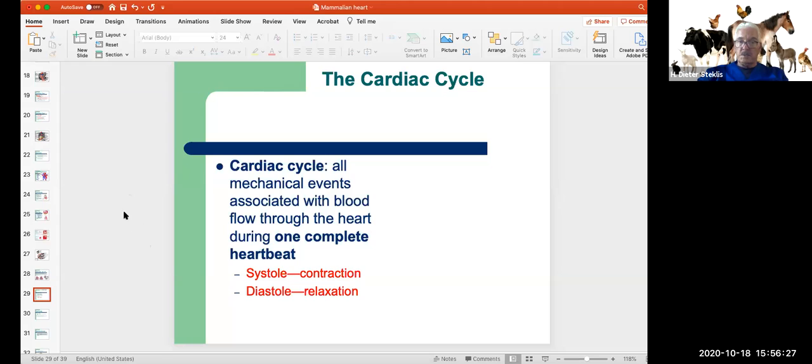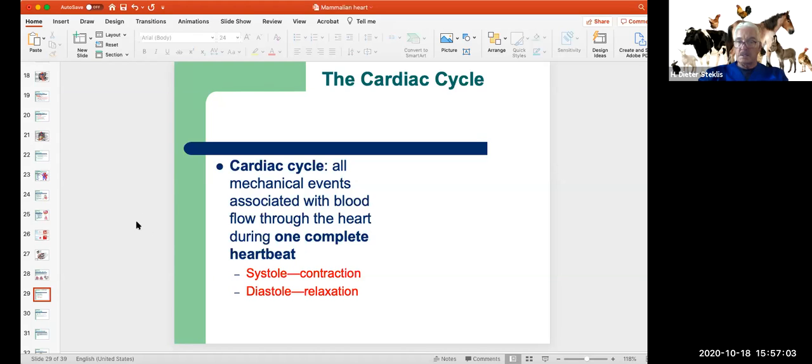Let's just talk for a second about the cardiac cycle here. I've already mentioned systole and diastole, these blood pressure components. So thinking about the cardiac cycle, if you were asking, well, what's your heart rate, for example? How often does it beat per minute? It's defined by the cardiac cycle. And that basically means, as it says here, all the mechanical events associated with blood flow through the heart during one complete heartbeat, okay?